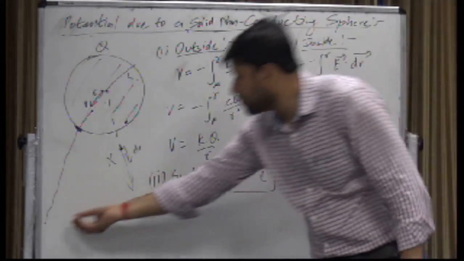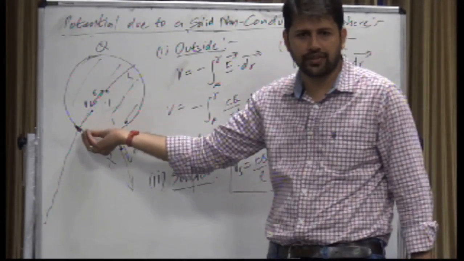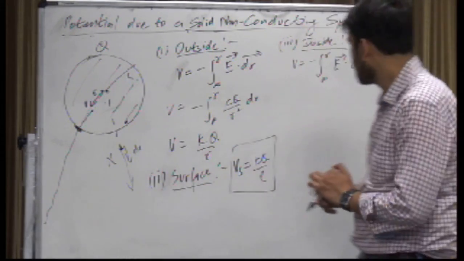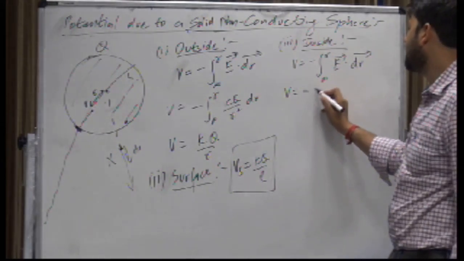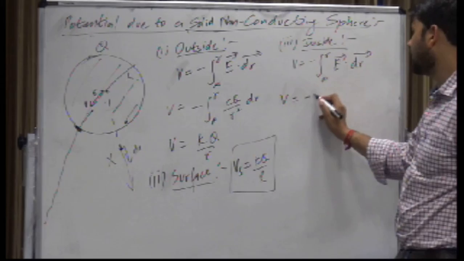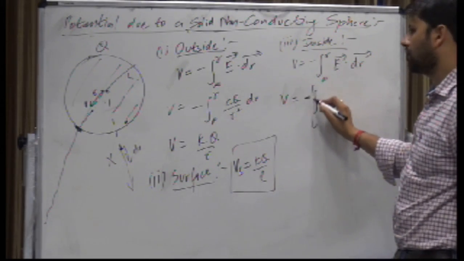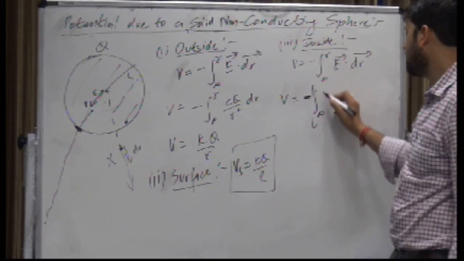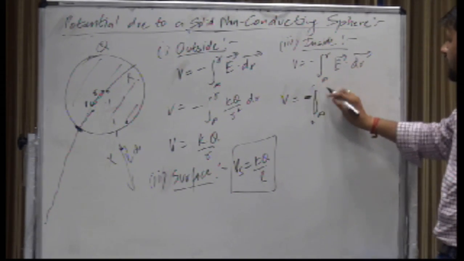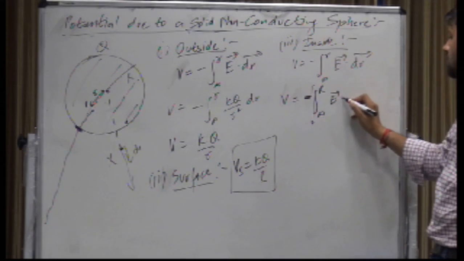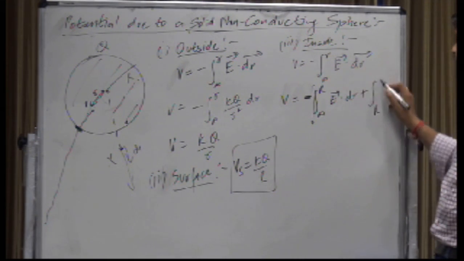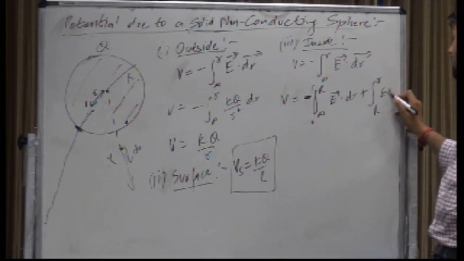One is when you brought the charge from infinity to the surface, and then when you brought it from the surface to inside. So I would be integrating it in two parts, and actually one part won't need integration. It is infinity to capital R, one part. This is E dot dr, plus capital R to small r E dot dr.